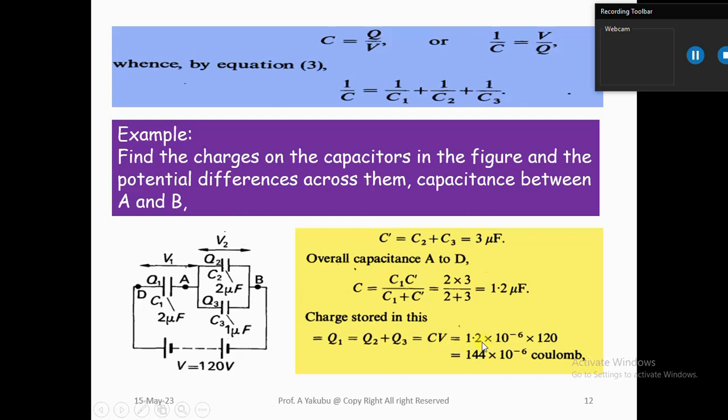This is 1.2 times the total capacitance of the whole circuit, 1.2 microfarad from point A to B, because that is the total capacitance we are talking about in this circuit, times the voltage across, 120 volts. So you end up having 144 times 10 to the power minus 6 coulomb, or 1.44 times 10 to the power minus 4 coulomb.